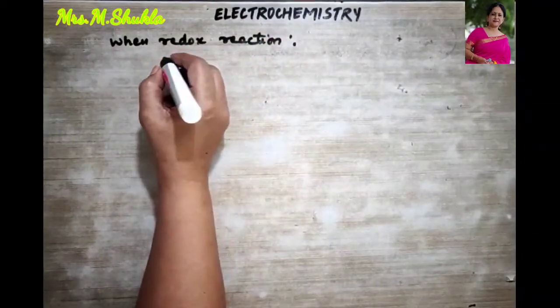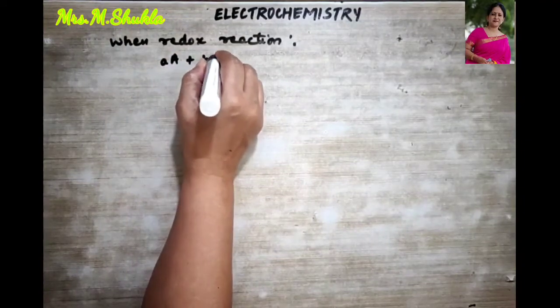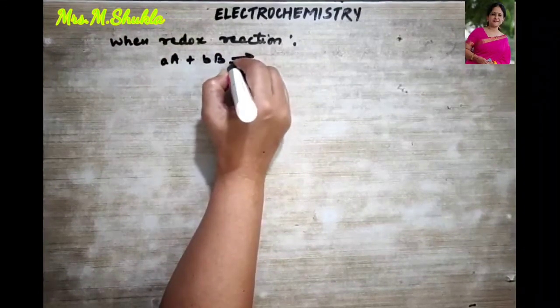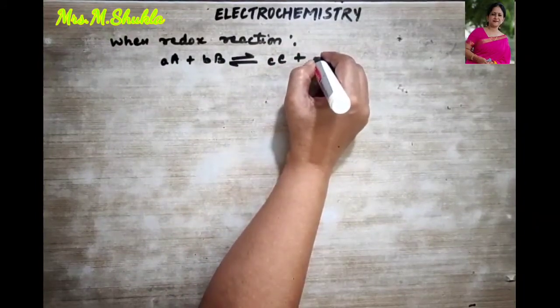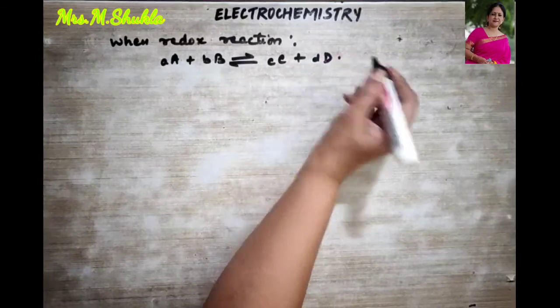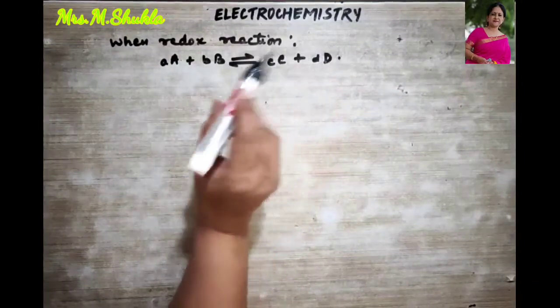So let's take an equation like aA plus bB gives cC plus dD. So these small letters are the number of moles, okay?